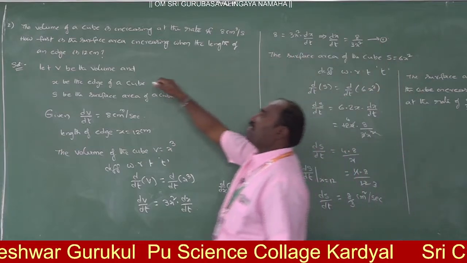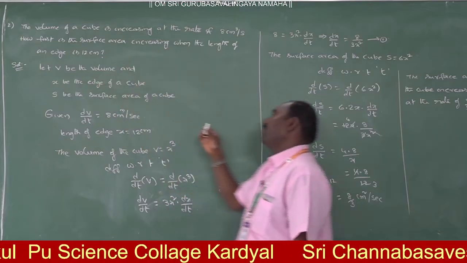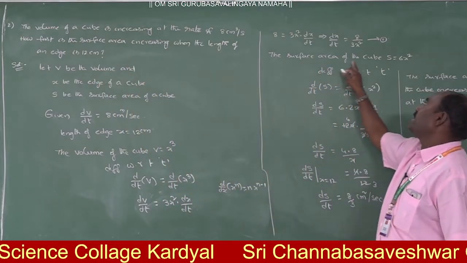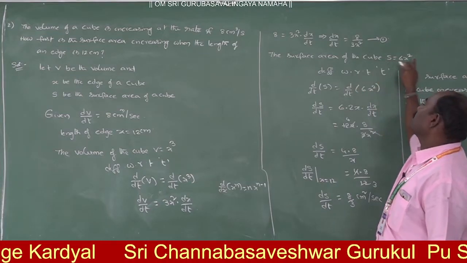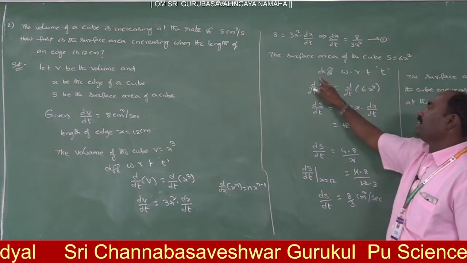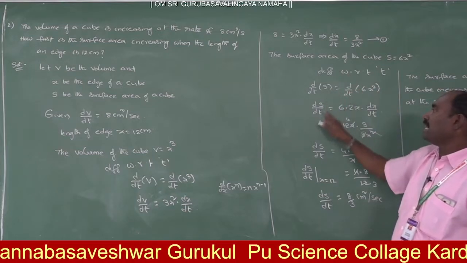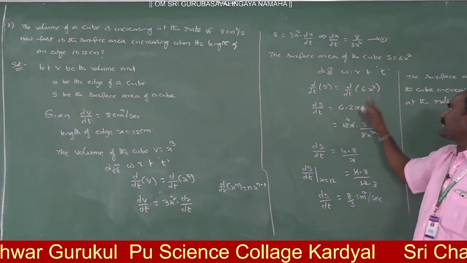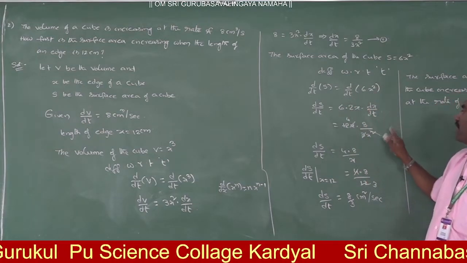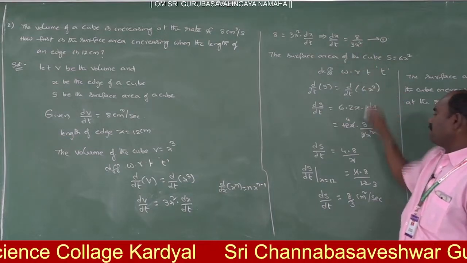Next we have to find how the surface area is increasing. Surface area formula: the surface area of the cube S equal to 6x square. So differentiating with respect to t. So d by dt of S equal to d by dt of 6x square. ds by dt equal to 6 into the differentiation of x square, 2x into dx by dt. From equation 1, dx by dt value equal to 8 by 3x square.